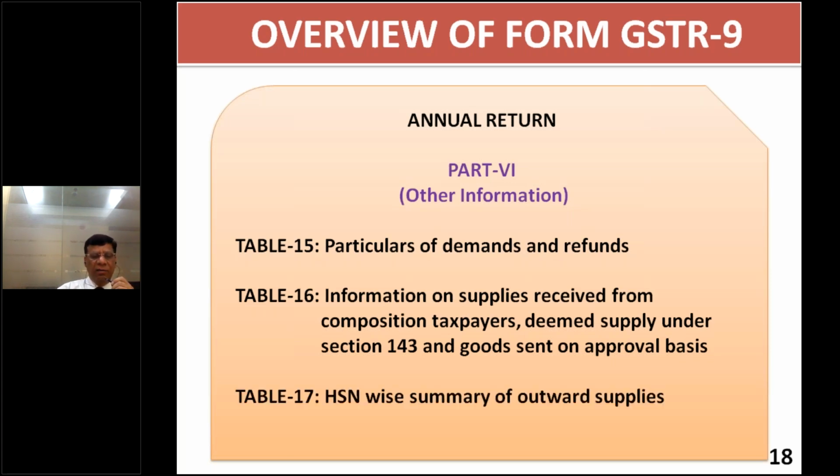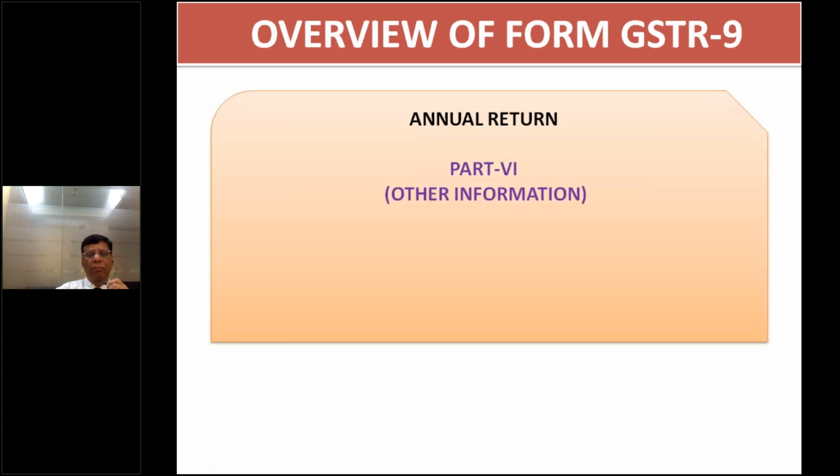Table 17 contains an HSN-wise summary of outward supplies, which we normally give in GSTR 1 form, in table 12. Other information, table 18 contains HSN-wise summary of inward supplies.